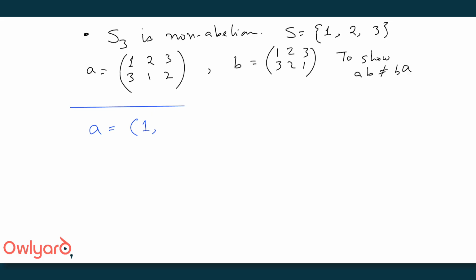It has a single cycle, 1, 3, 2, because it maps 1 to 3, 3 to 2, and 2 back to 1, as you can see in the descriptive notation. And similarly, B maps 1 to 3 and 3 to 1, and 2 remains unchanged, and we don't write one-cycles, so B will look like this.